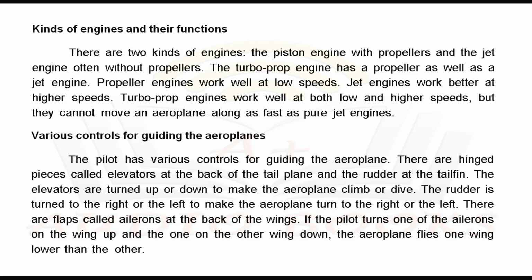The rudder is turned to the right or the left to make the aeroplane turn to the right or the left. There are flaps called ailerons at the back of the wings. If the pilot turns one of the ailerons on the wing up and the one on the other wing down, the aeroplane flies one wing lower than the other.